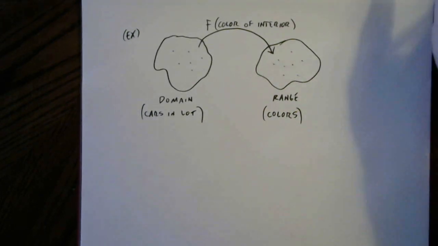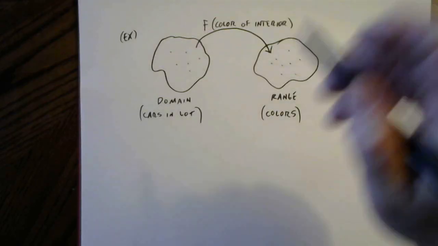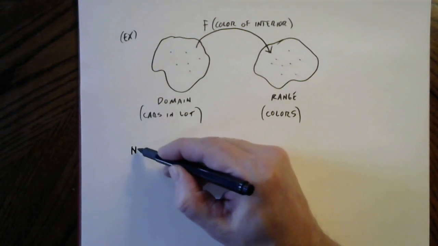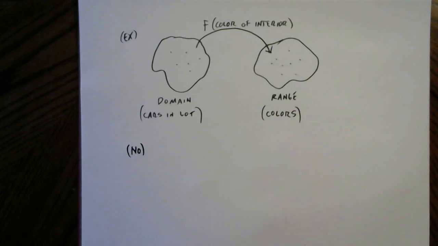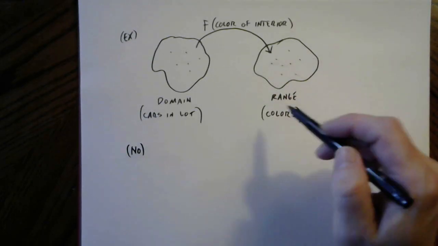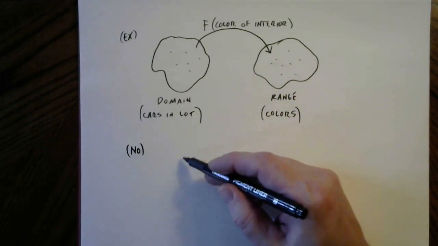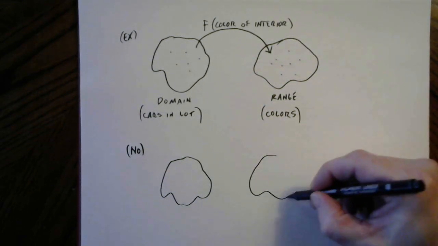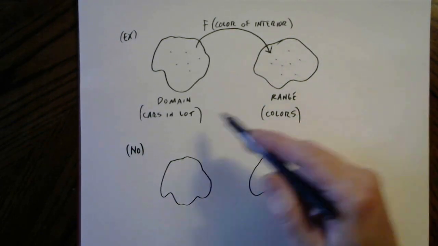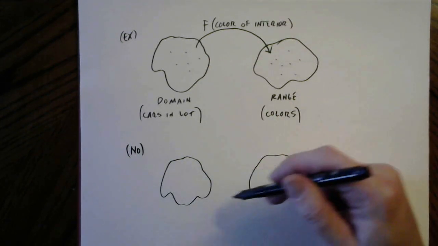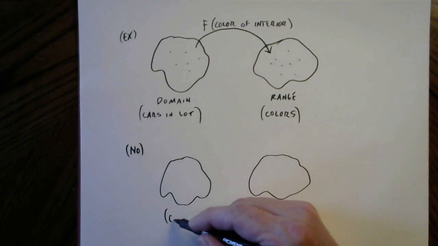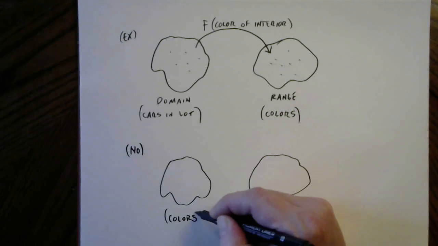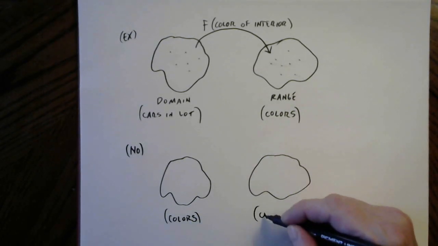And just to see this, let me clean this up. So this is a non-example. What I'm going to do is flip-flop the sets. Now I'm not going to use domain and range because this isn't really a function, but I'm going to say, all right, over here this set is the colors now, and these are the cars.